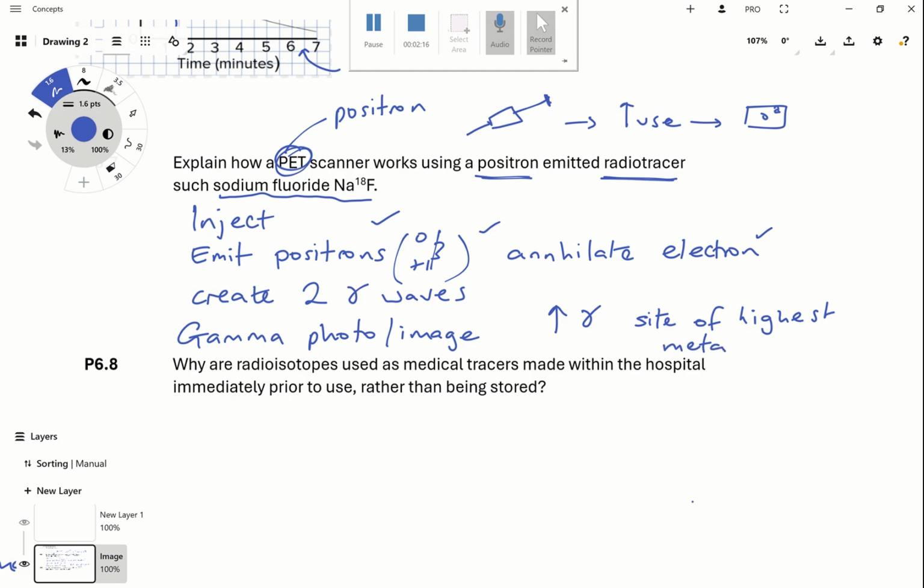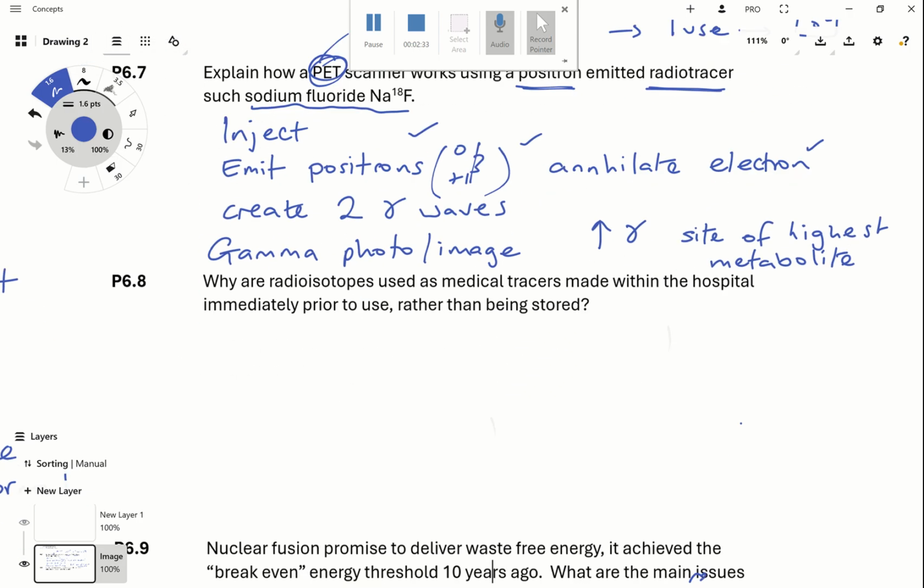So for example, we have positron emitting glucose. We can inject that into the body. If we want to do a brain scan, we can scan the brain as it uses the most glucose, and we'll know where the most glucose is being used for respiration by the amount of gamma being emitted from that site.